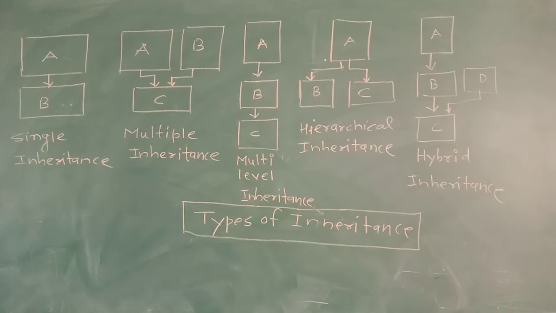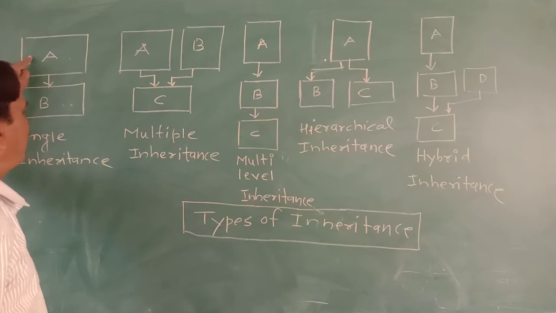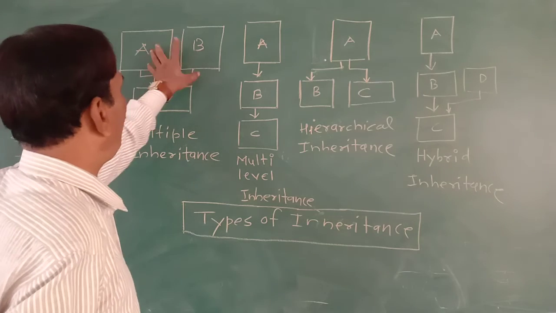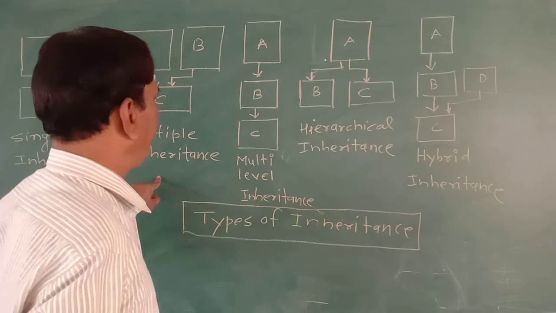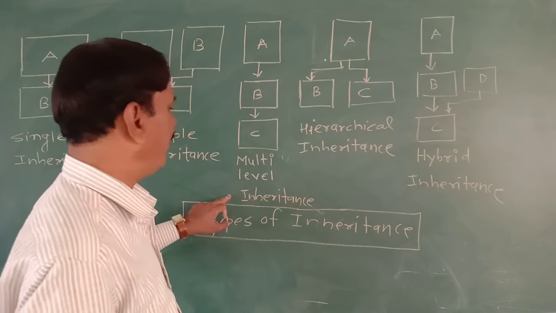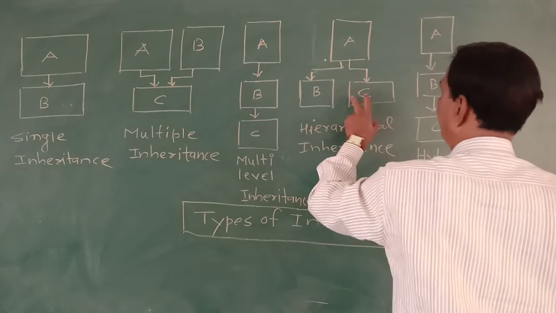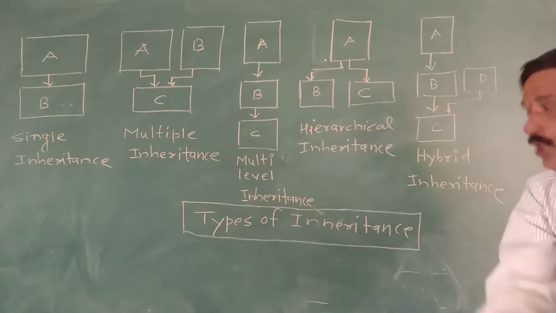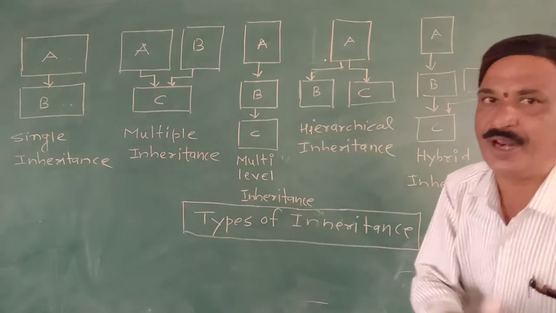Once again we are going to revise it. When a class is derived from a single base class, single inheritance. When a class is derived from several base classes, multiple inheritance. When a class is derived from an already derived class, multi-level inheritance. When several classes are derived from a single base class, hierarchical. And when inheritance involves two or more types of inheritance, hybrid. How?